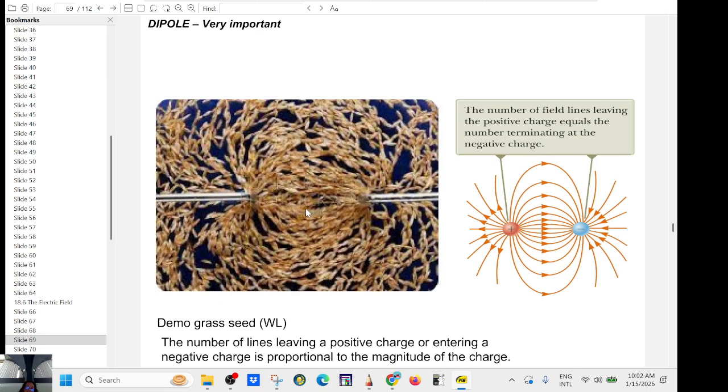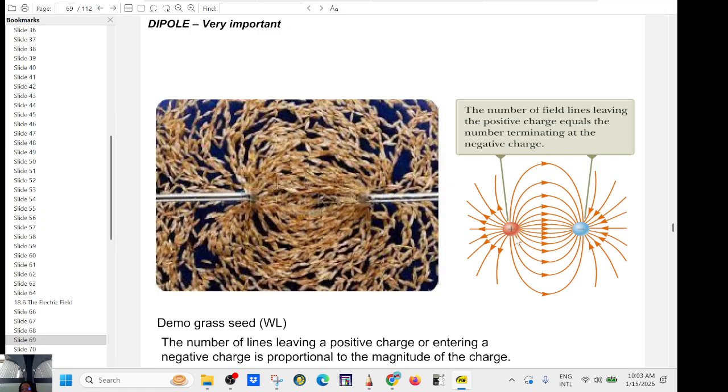Okay, so very important for chemistry and biology as well, dipoles. A dipole happens when you have a plus and a minus, but the magnitude of the charge is the same. So you have a Q and a minus Q. The electric field will go from the plus to the minus.